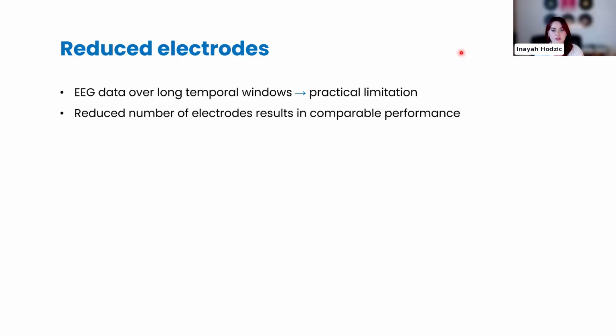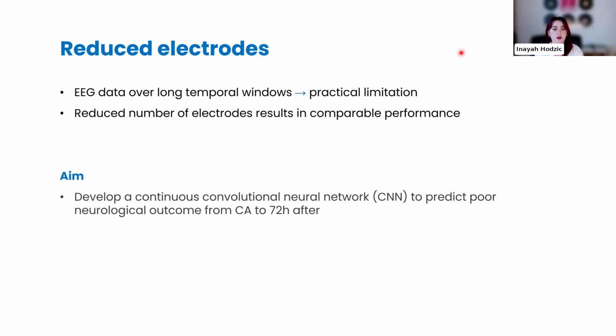So taking everything into account that I've said so far, the aim of this particular work was to develop a deep learning method, so a continuous convolutional neural network, which I'll explain more later, to predict poor neurological outcome in postanoxic coma patients from cardiac arrest, abbreviated to CA, to 72 hours after.